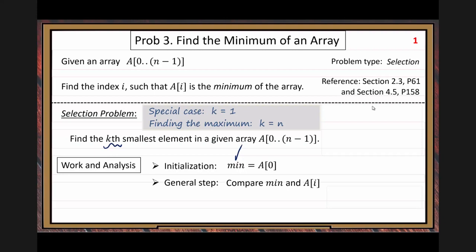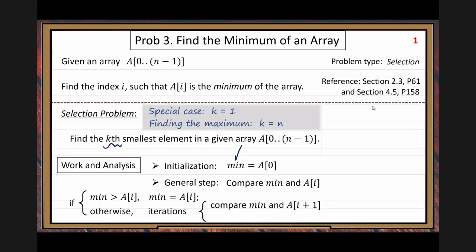Each iteration, we compare min value with A of I value. Two cases. If min value is greater than A of I, we update this min variable with the smaller element value, A of I. Otherwise, less than or equal, we do not update it. We just move to the next iteration.